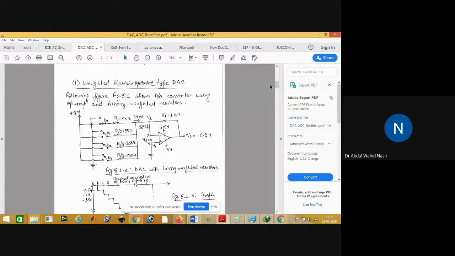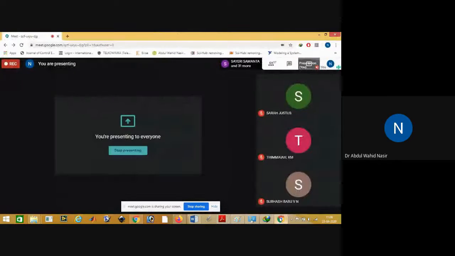Now, what is the combination of the digital input? That is 0011. So in that case, what will be the status of switches B0, B1, B2, and B3? Any response from the audience?